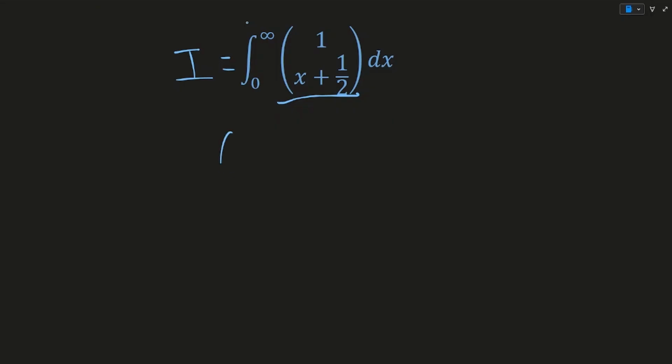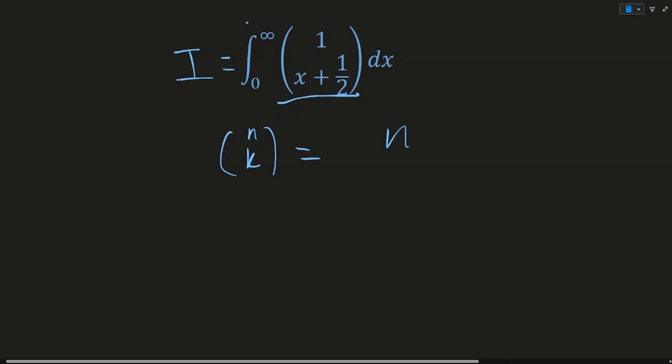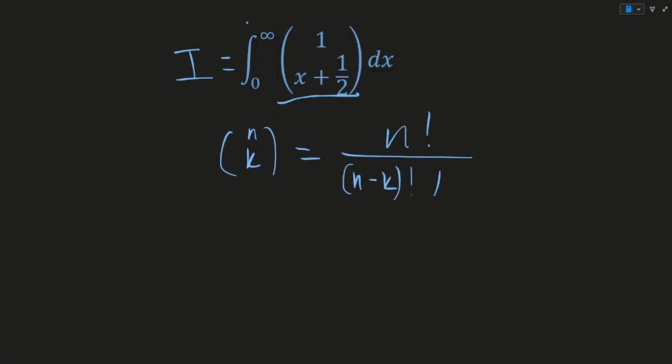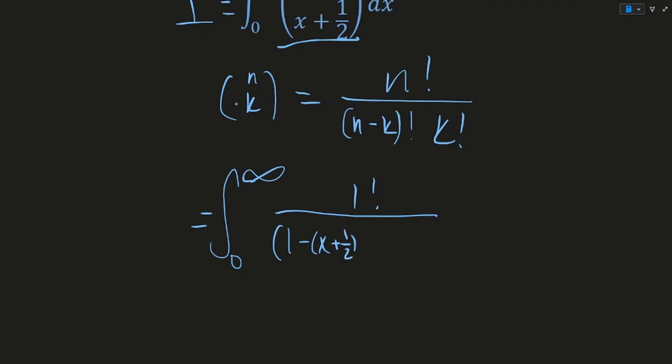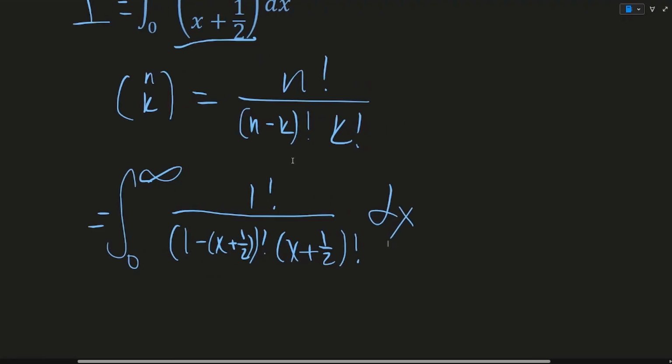And I want to simplify the combinatorial expression down because we know that n choose k is the same as saying n factorial over (n minus k) factorial times k factorial. So that leaves us with the integral from 0 to infinity of 1 factorial over (1 minus (x plus 1/2)) factorial times (x plus 1/2) factorial with respect to x.